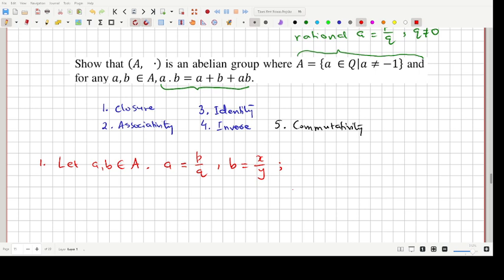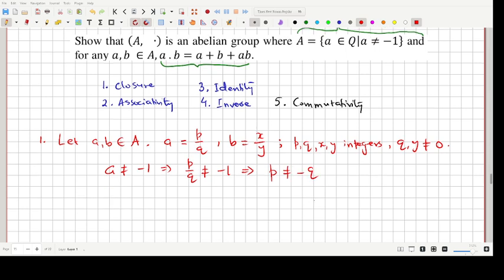The conditions are p and q and x and y are integers, and the denominators in these rationals, q and y, are non-zero because we do not know how to divide a particular number by 0 yet. Okay, so that's a different story altogether. Now a is not equal to -1, and that would mean that p upon q is not equal to -1, and that means that p is not equal to -q.